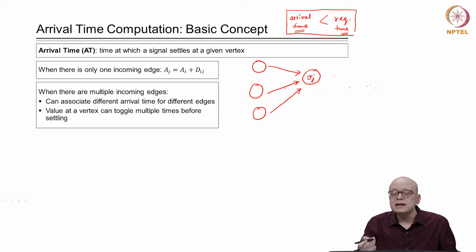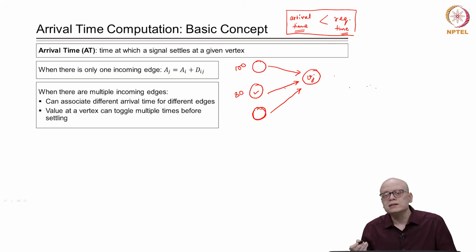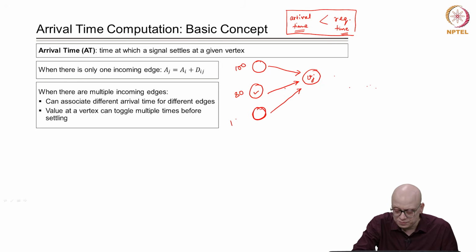Let us say the arrival time at the first was 100, at the second vertex it was say 80 time units, some arbitrary time units we can take, and at the third vertex let us assume that the arrival time was say 150. Now, let us assume that the delays of these incoming edges are say 10, 20 and 50.